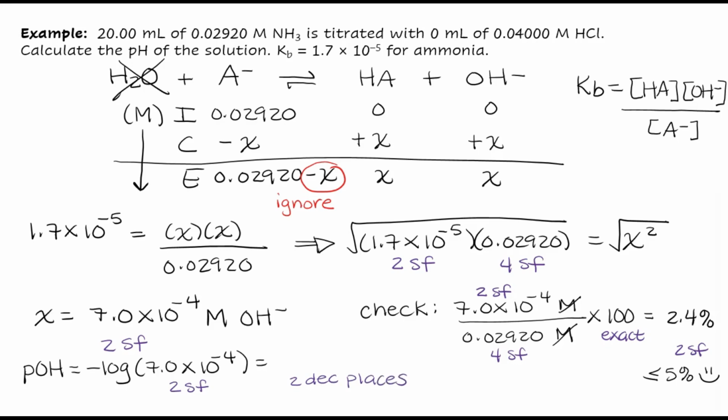So taking the negative log of 7.0 times 10 to the negative 4 gives us 3.15 rounded to 2 decimal places. And our final calculation is pH equals 14.00 minus 3.15, rounded to 2 decimal places, which gives us 10.85.